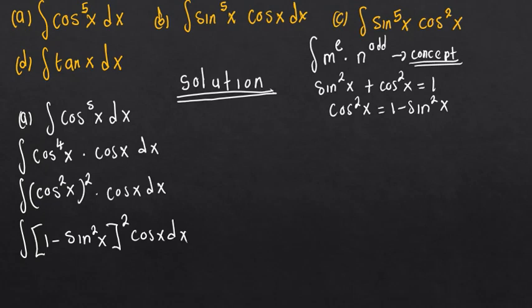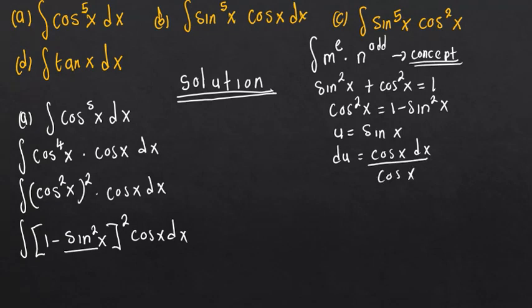Now we can make u equal to this part, so u is going to equal sine x, so that du is going to equal cosine x dx.